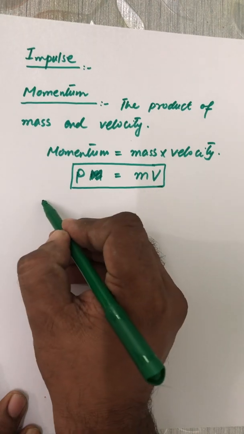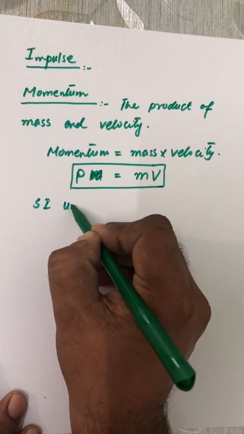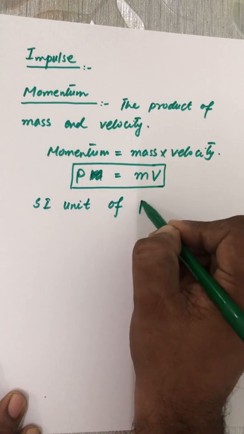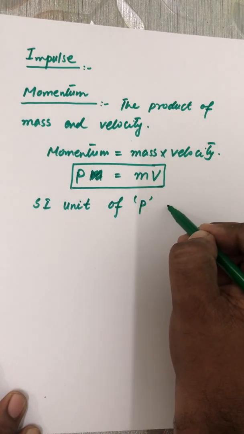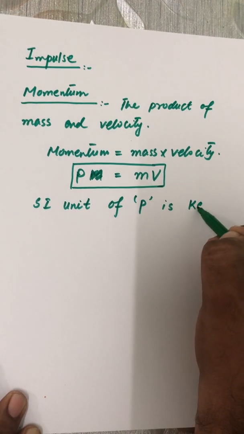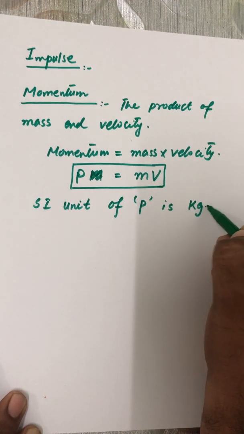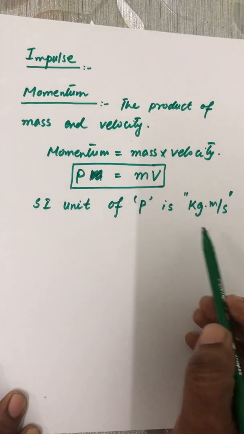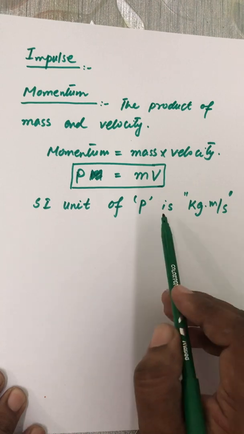From the formula, the SI unit of momentum, P means momentum, is: mass is kilogram and then velocity is meter per second. So kilogram meter per second is the SI unit of momentum.